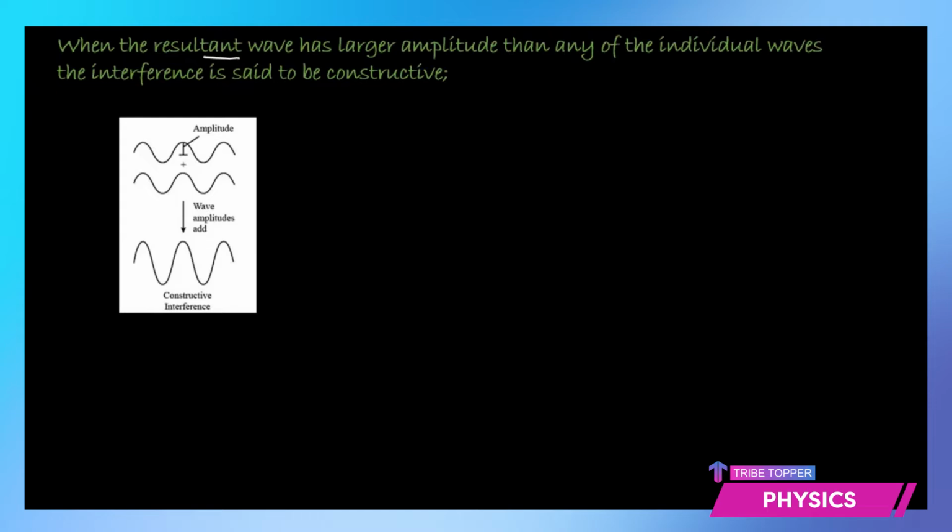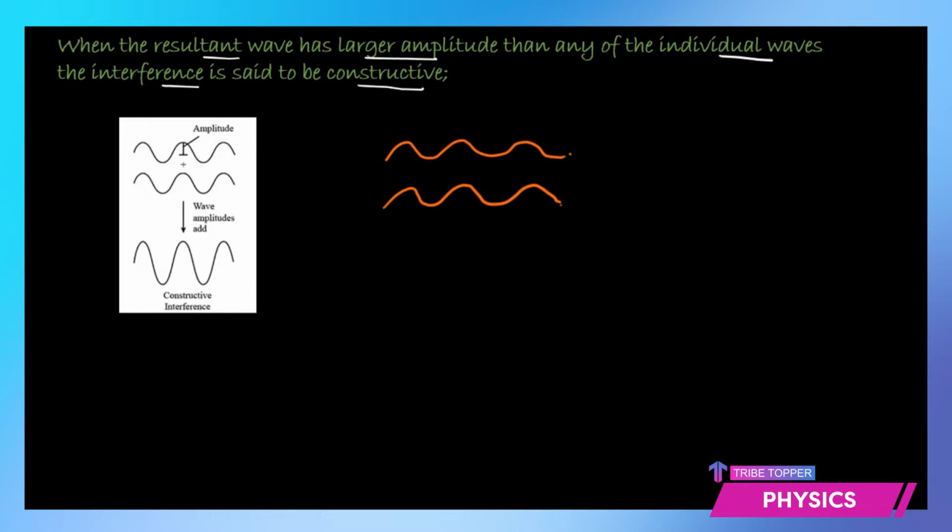When the resultant wave has a larger amplitude than any of the individual waves, the interference is said to be constructive. As you can see here, this is one wave moving, and there's another wave moving in the same direction at the same time.